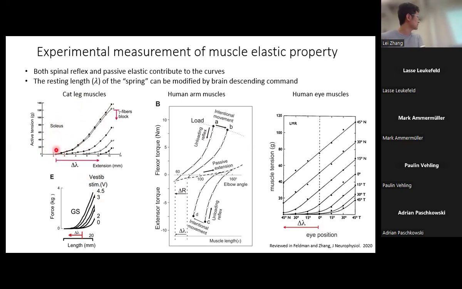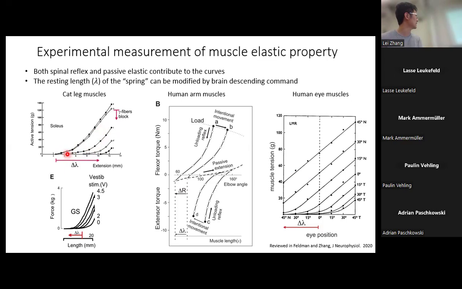In this condition, the experimenter stretches the muscle, and the muscle has this kind of characteristic. The second time, the experimenter makes a weaker stimulation to the brain. Then you see the zero length of the muscle has a different value.